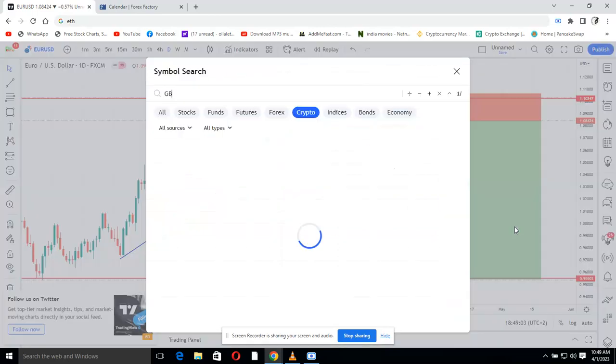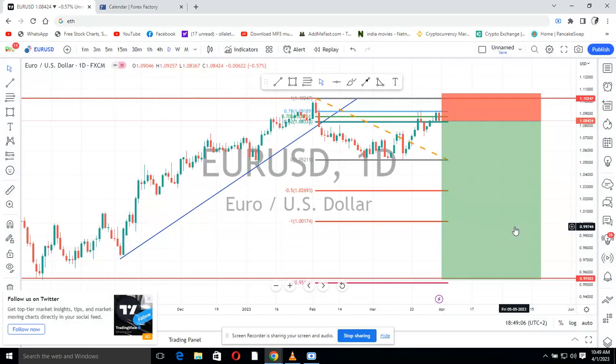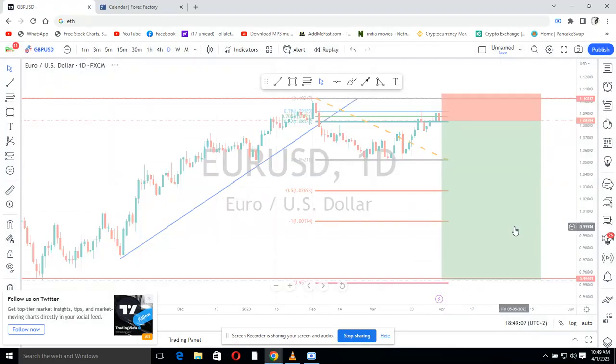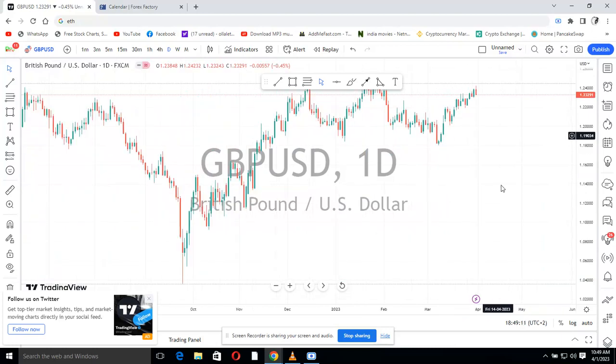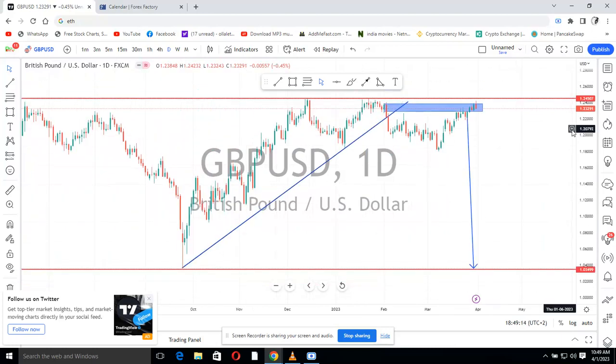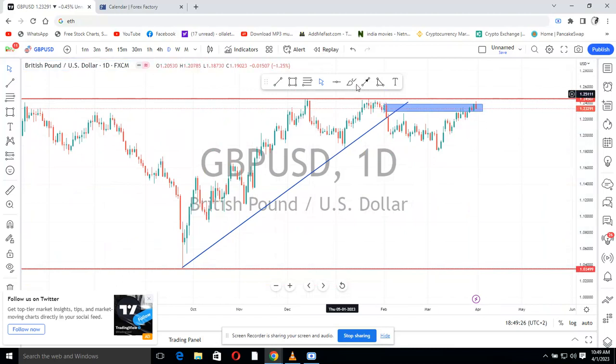GBPUSD, you can see they are in key formation high, now ready to sell. So we are expecting this one as well. This one is trying to show to sell down.